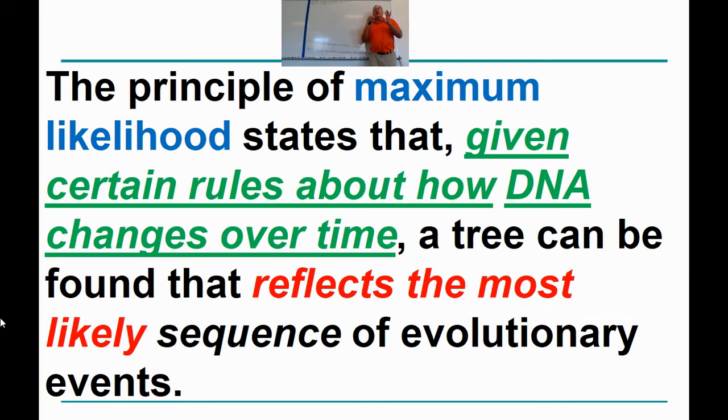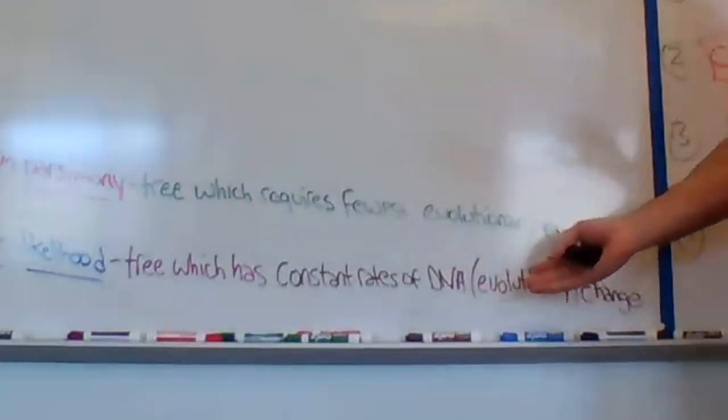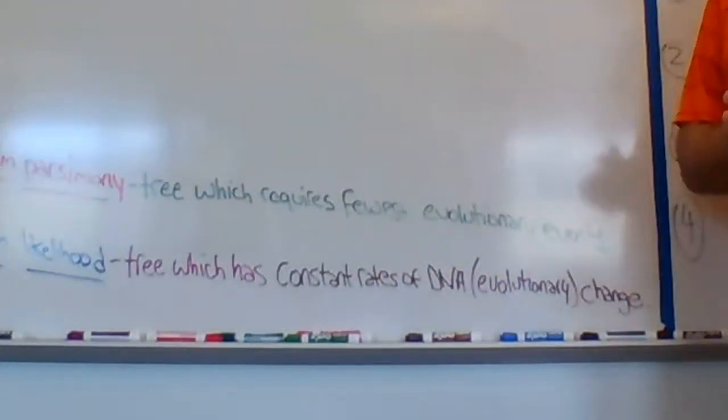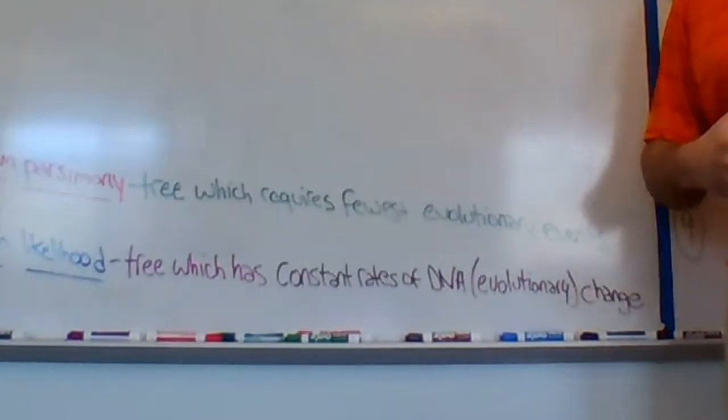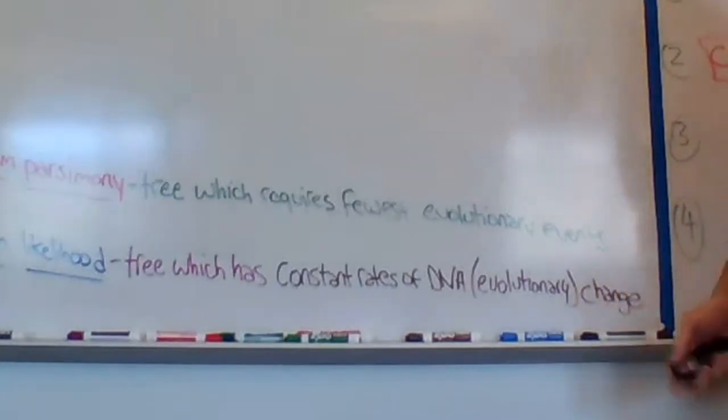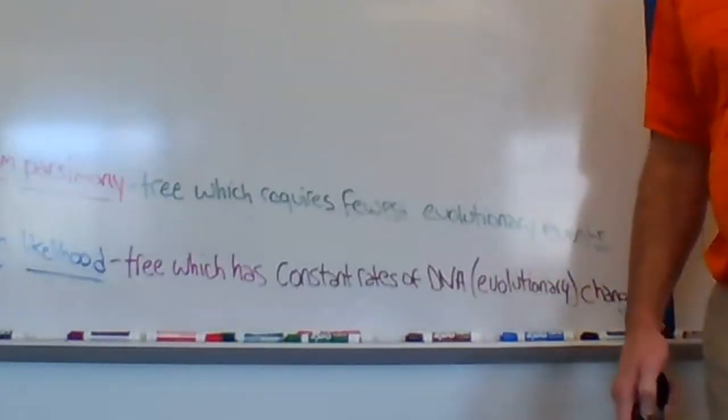And so we can also use that to our advantage when trying to figure out which tree is most likely. If we have competing evolutionary trees, we can say, well, we know that DNA mutates at a certain rate. This is probably the most likely one as far as evolutionary change is concerned.